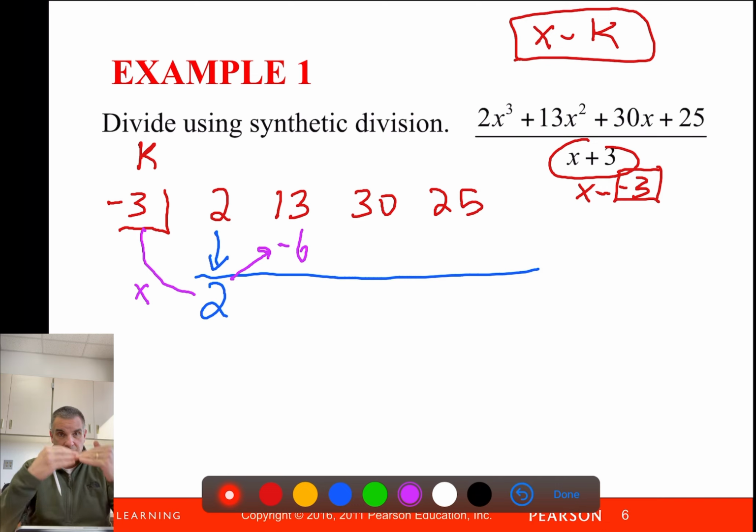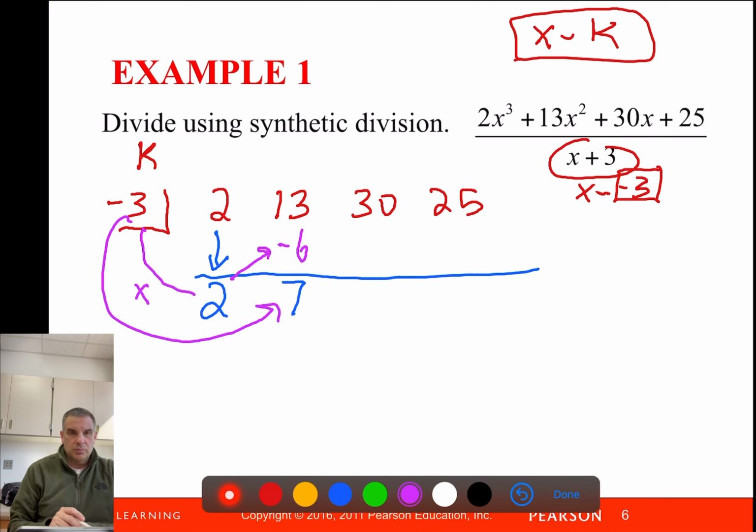So everything above the line, you're just going to add together. So we're going to go 13 plus -6, or 13 minus 6, which is just 7. Okay, so now it's below the line. If it's below the line, we're going to multiply whatever our k value was together. And that gives us -21.